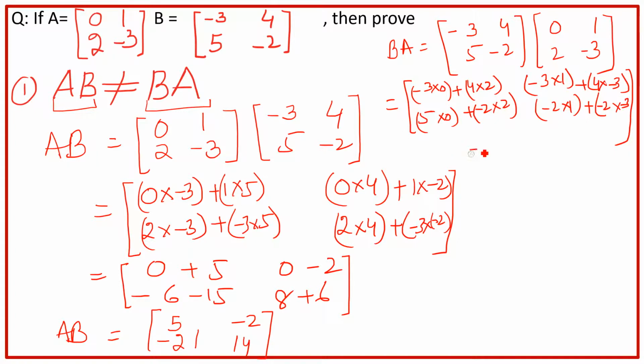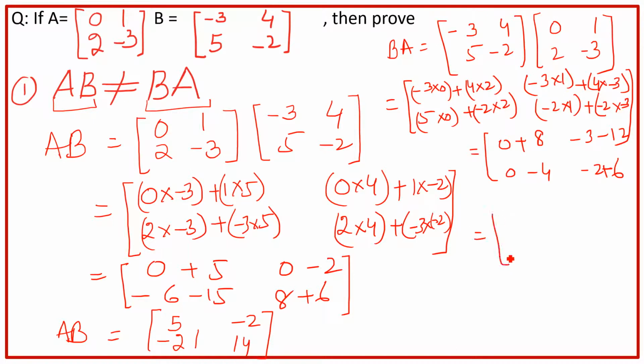So we will simplify it here. It will be 0 plus 8, 0 minus 4. It is -3, -12, -2 and plus 6.